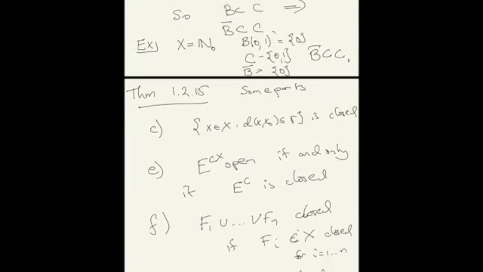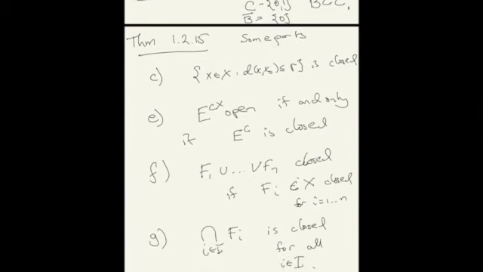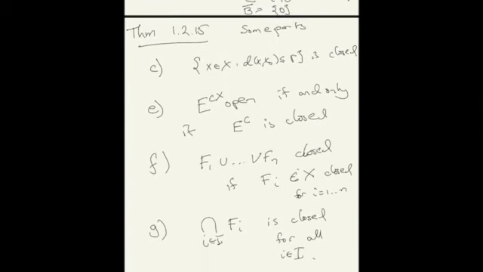Now, some of these properties are contained in a theorem in Terence Tao's book, 1.2.15. I want to briefly say something about the crucial ideas that go into this proof. Not very much, though.